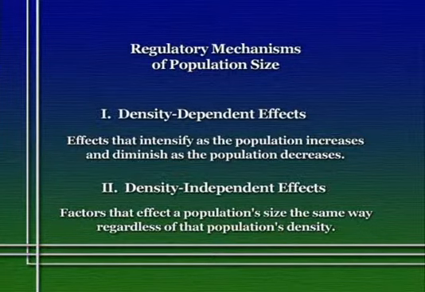First, let's take a look at how density-dependent effects regulate population size. Actually, the logistic growth model we've been talking about really is explicitly a model of density-dependent population regulation. As the population approaches its carrying capacity, the increasing number of individuals in the population divide the resources available ever more finely on a per individual basis.